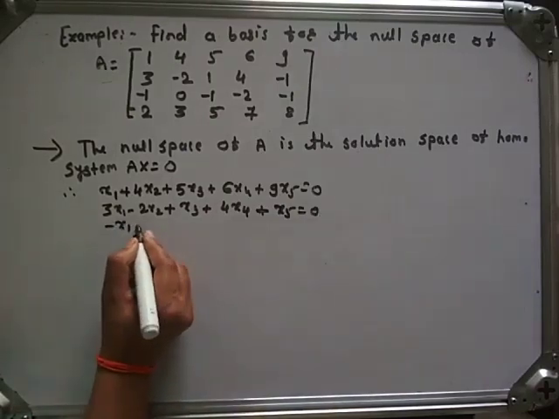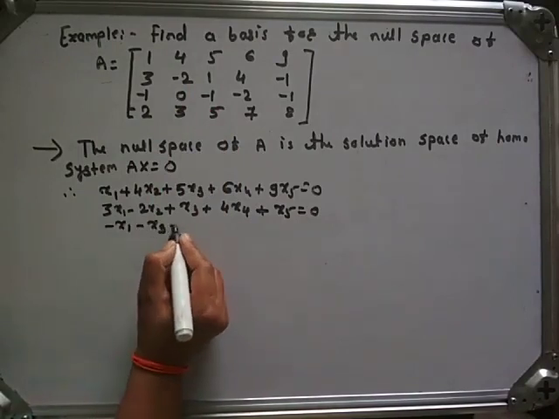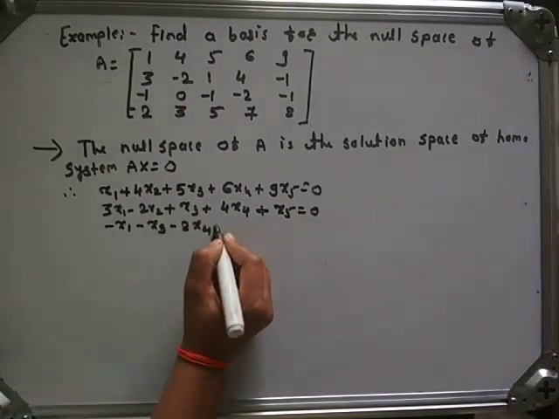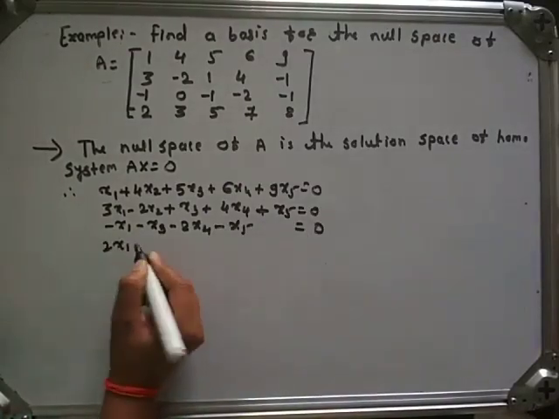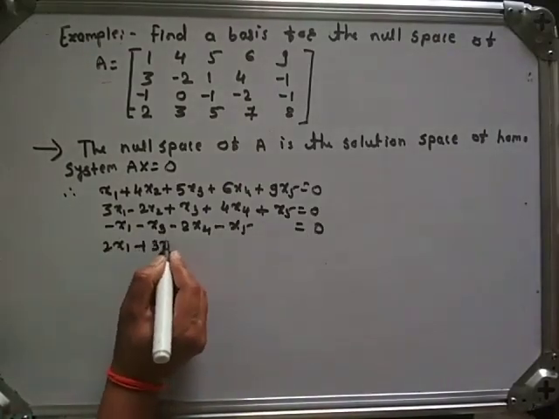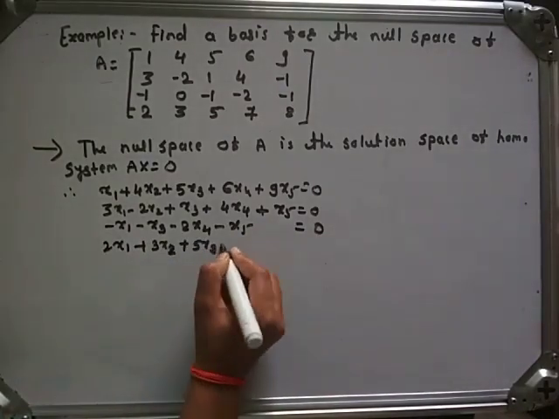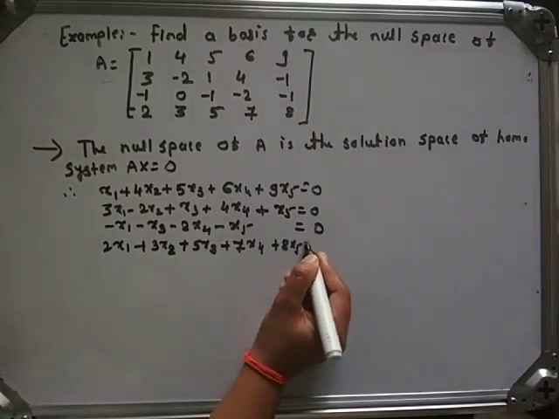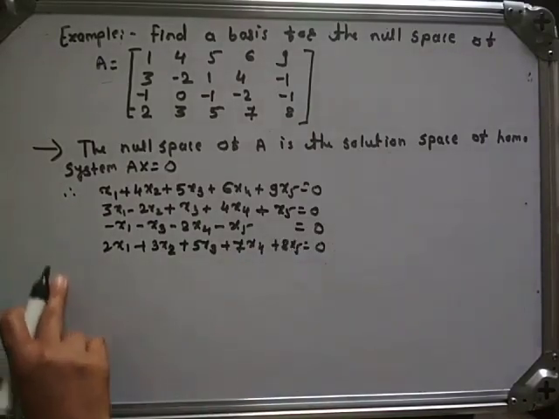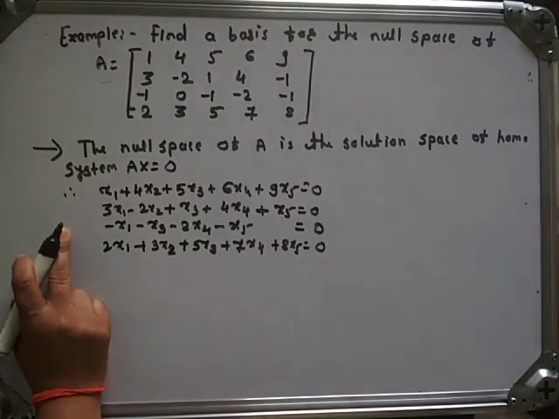Minus x1, here the coefficient of x2 is 0, minus x3 minus 2x4 minus x5 equals 0. Then 2x1 plus 3x2 plus 5x3 plus 7x4 plus 8x5 equals 0. This is a homogeneous system of linear equations.